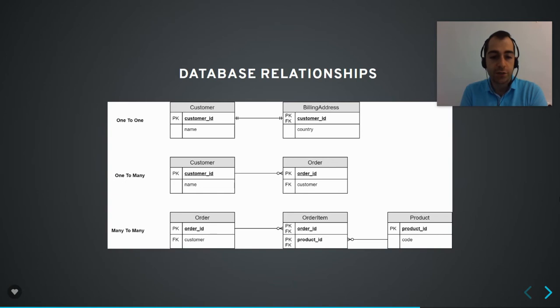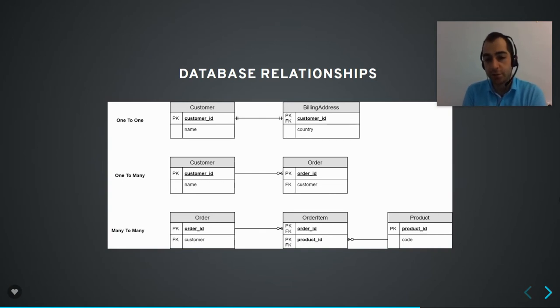Okay, and the third type is the many-to-many relationship type, in which one order could contain multiple products, but the same product could be ordered as part of multiple different orders, right? So in that case, you need a connection table between them. Why? Well, if you would store the product ID in the order table, this would mean that the order contains only one product, right?